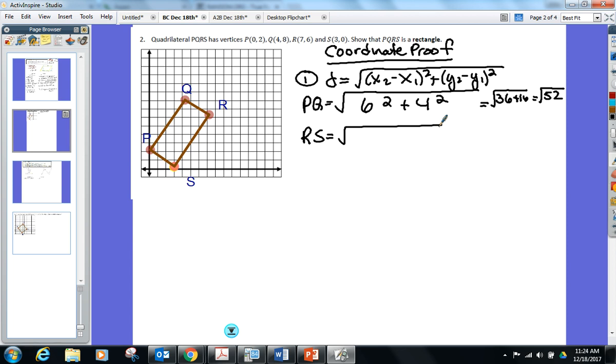Keep it neat. Remember, keep it neat. What are you finding for RS? Another 16 plus 36, I hope. So that should be square root of 52.